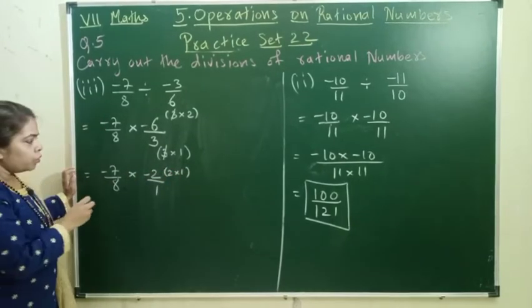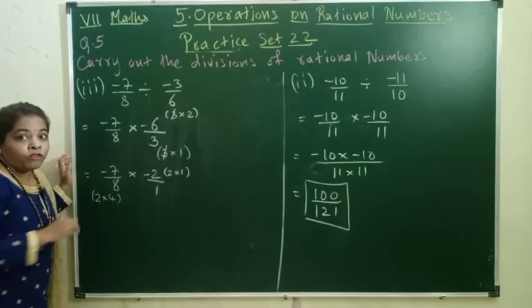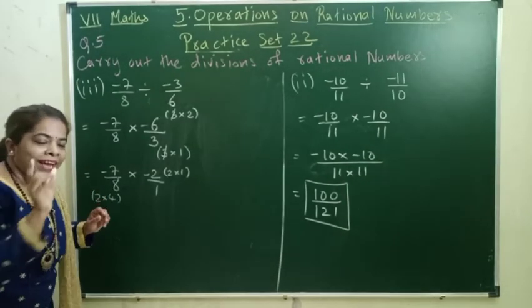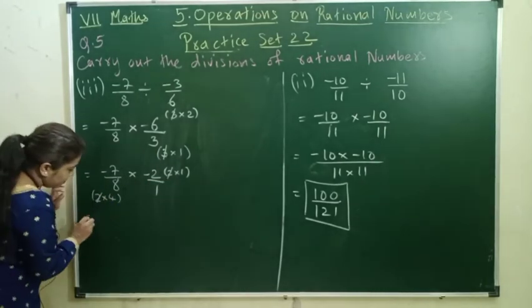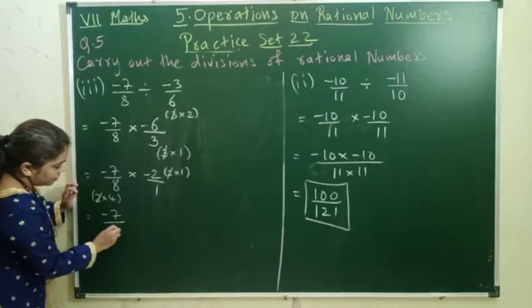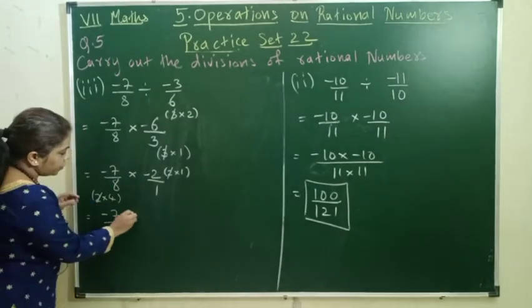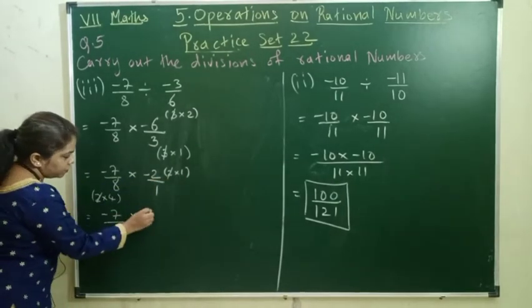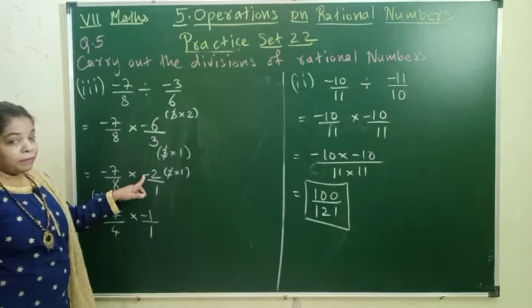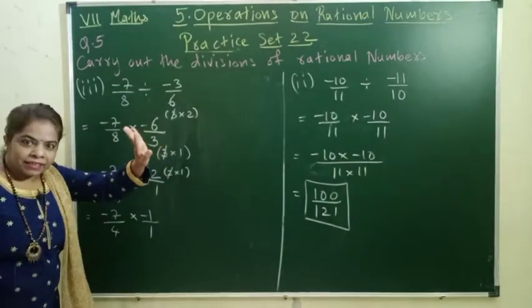2 1s are 2, 2 4s are 8, 2 2 cancel. So what is remaining? Minus 7 upon 4 into 1 remains now, children, minus 1. Because there is a minus sign, don't forget that. 2 got cancelled.